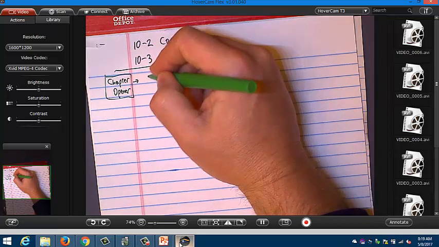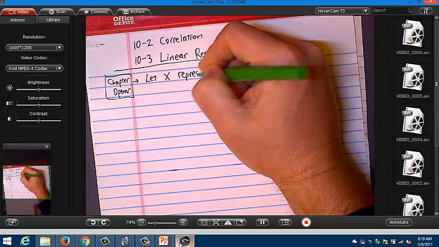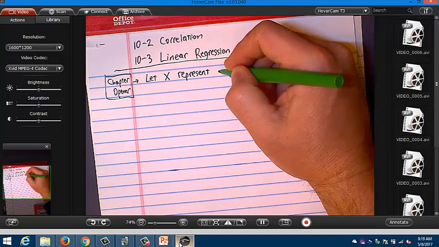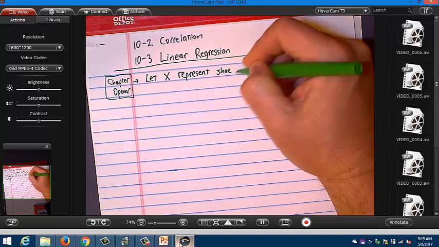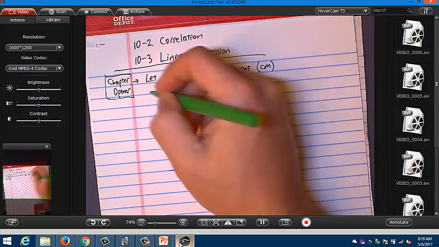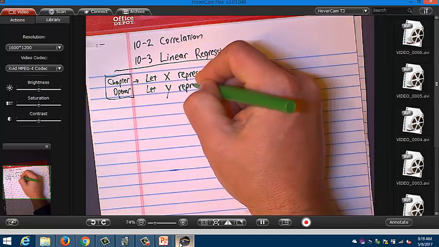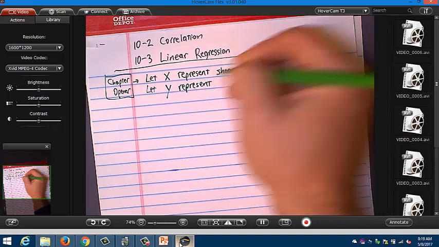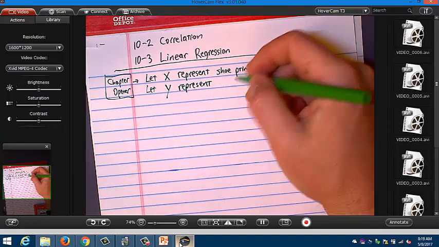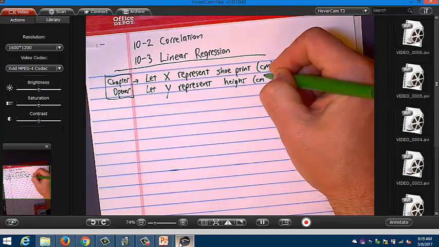We could let x represent the shoe print measured in centimeters, and we could let y represent the height in centimeters.